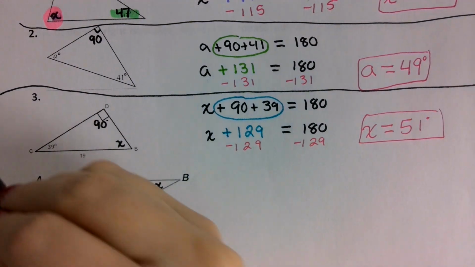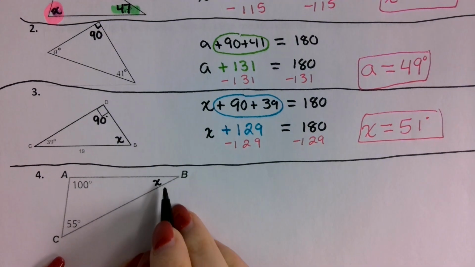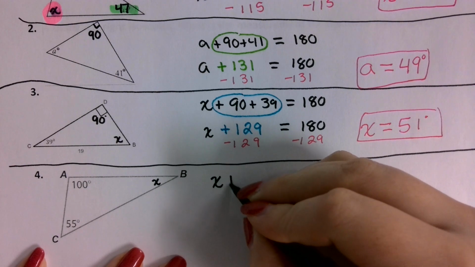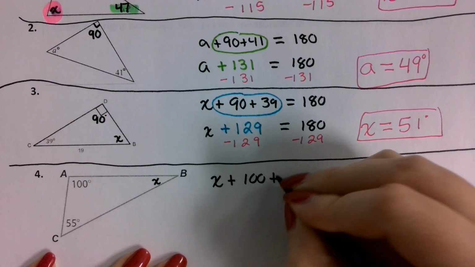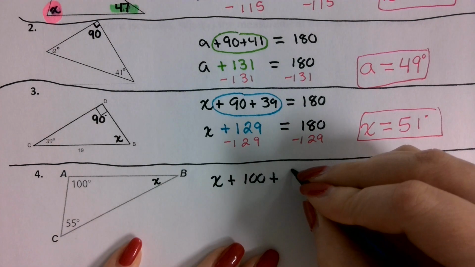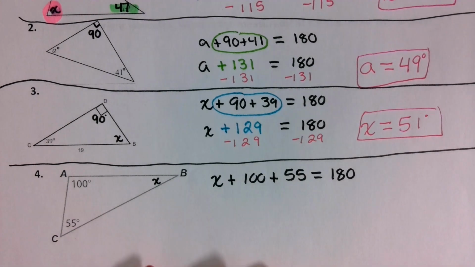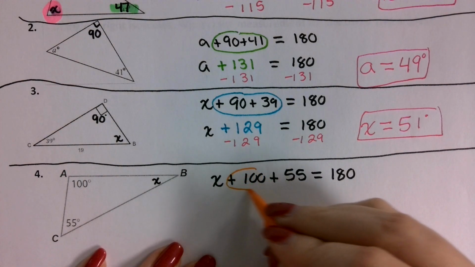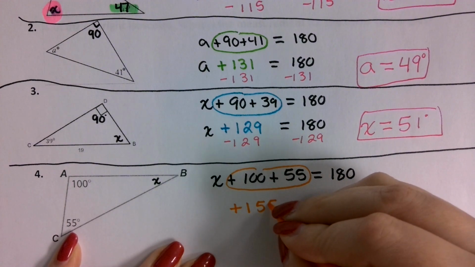Okay, and then problem number 4. Same process. We have the value of x. We're going to add it with 100 degrees, and then add it with the 55 degrees. And the whole thing is supposed to be set equal to 180. When we combine those measurements together, that 100 and that 55, it gives us a positive 155.